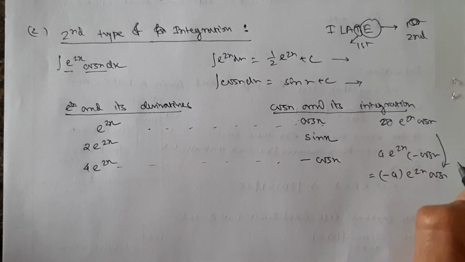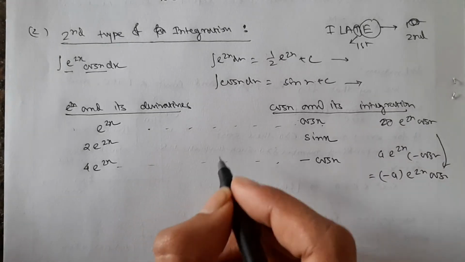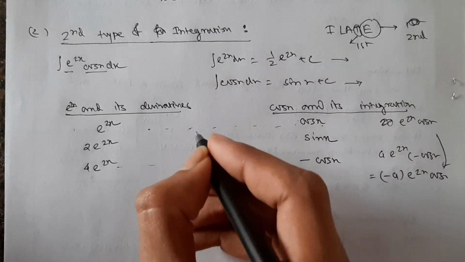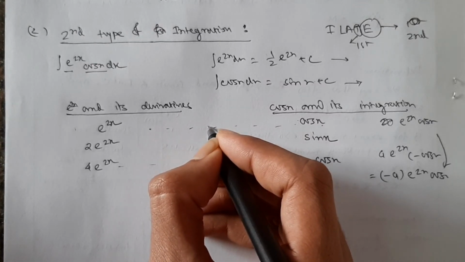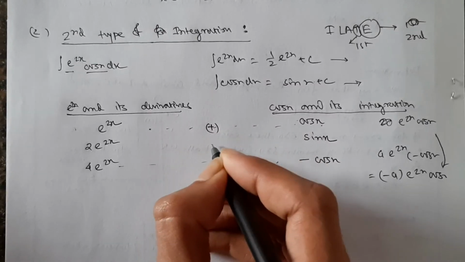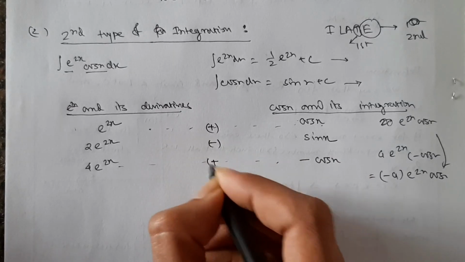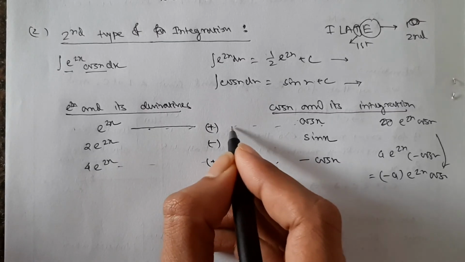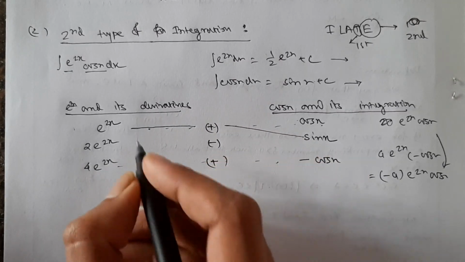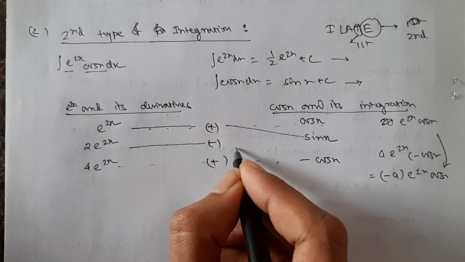So these two functions are exactly the same, so we can stop at this point. Okay, and we take the sign rule the same as the first one, so plus minus plus. Now we follow the same method in this way.